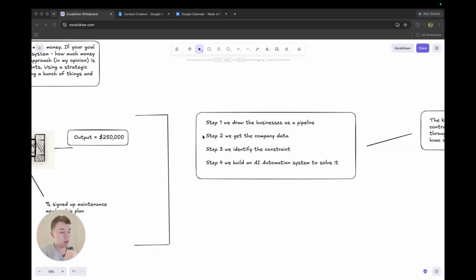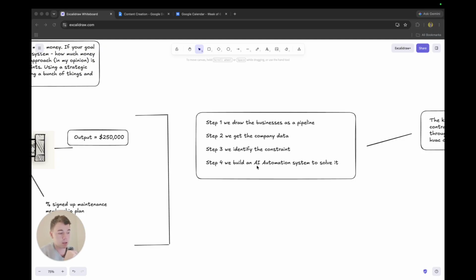The whole goal is not to spend a bunch of time drawing fancy things and wasting time. The goal is to quickly identify the constraint based on real, actual data that we verify. And then we're going to solve the problem of that business and solve that constraint.